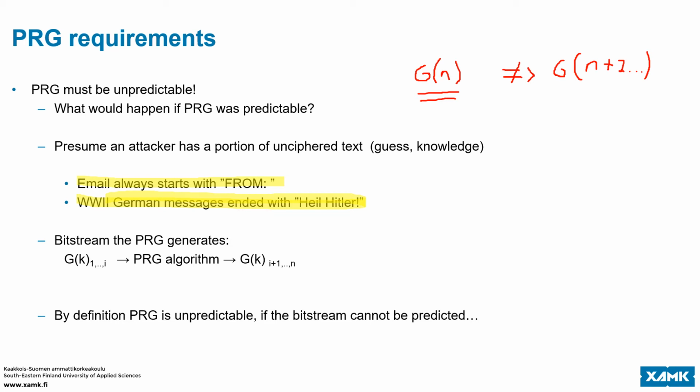If we then think of the bit stream that the pseudo-random number generator generates, well, by definition, the random number generator is unpredictable if we cannot predict what the resulting bit stream is. That is, even if we know what the bit stream was in the beginning, then we shouldn't be able to predict what the following values are going to be.